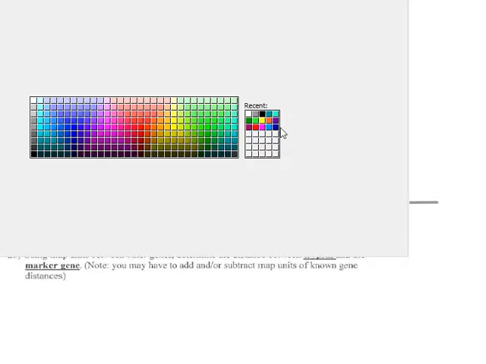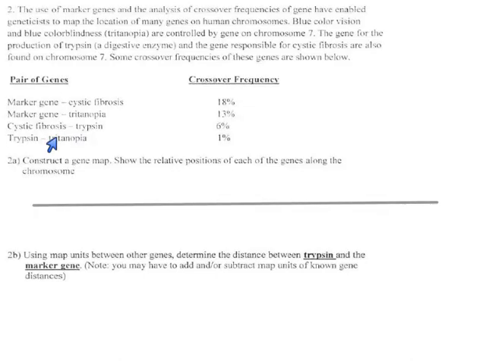Of the genes that they've mentioned, the two that are the furthest apart are the marker gene and cystic fibrosis with a distance of 18% or 18 map units. So one of those is at this end, and now I have to get 18 ticks into this. 1, 2, 3, 4, 5, 6, 7, 8, 9, 10, 11, 12, 13, 14, 15, 16, 17, 18.